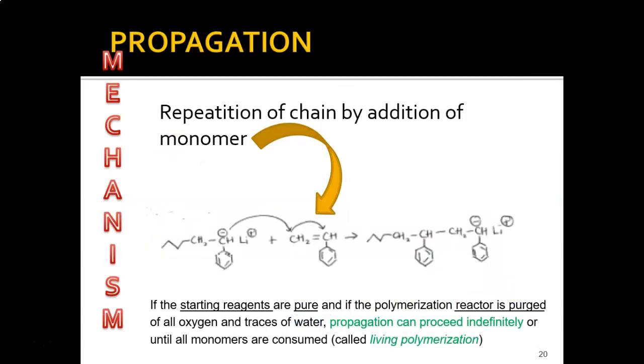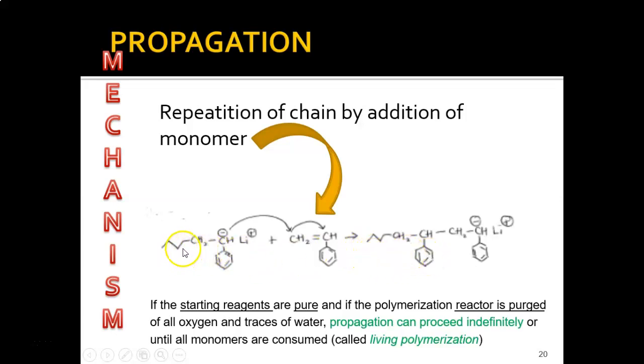During the propagation process, there is repetition of the chain by addition of the monomer. You just copy the structure from the initiation, and then it will react with the second monomer, and the third and so on, up to n monomers. So how do you write down the structure?